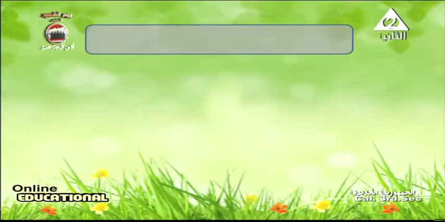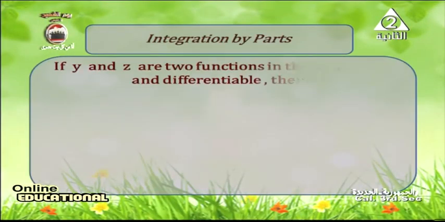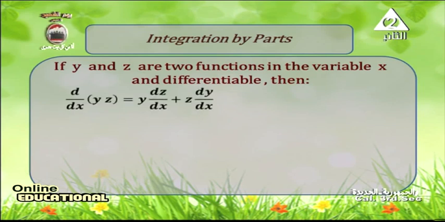If y and z are two differentiable functions in the variable x, then the derivative of the product of the two functions y and z with respect to x equals the first function y multiply the derivative of the second function, dz dx, plus the second function z multiply the derivative of the first function, dy dx.